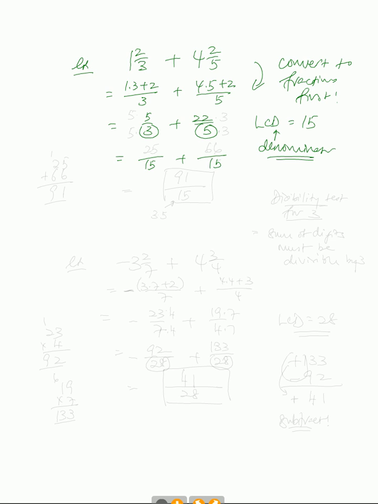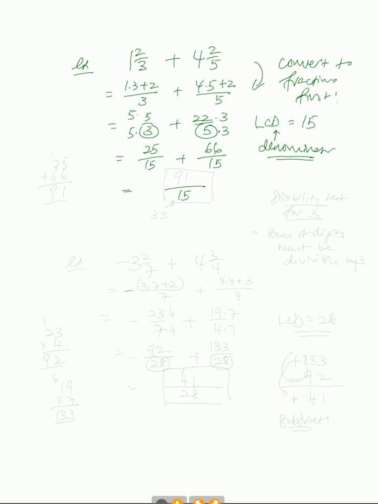That tells me I have to make 15 and 15 as well. This 3 I have to multiply by 5 to make it 15, so the top, 5 times 5, makes it 25. The bottom is a 5 on this one, so I'm going to times 3 to make it 15. But now 22 I have to multiply by 3, which makes it 66.